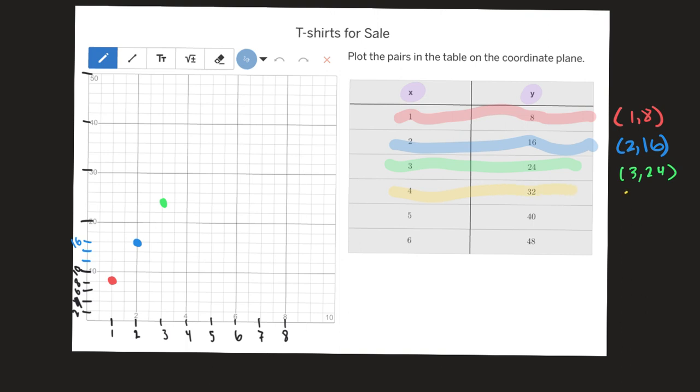So if we plot that point 4, 32, we go over to 4, up to 32. Then we have the point 5, 40. So we go over to 5, up to 40.